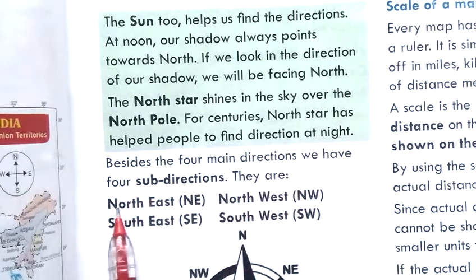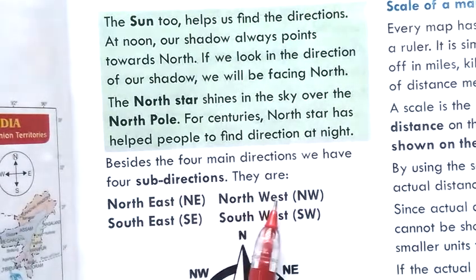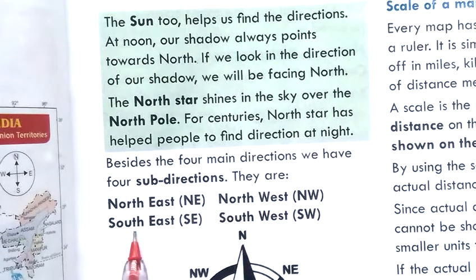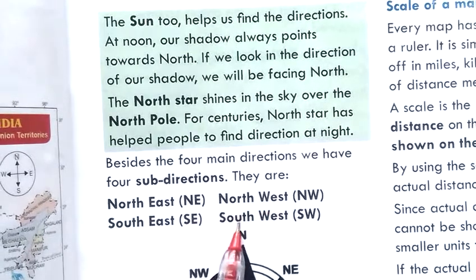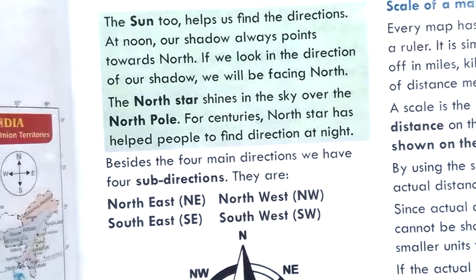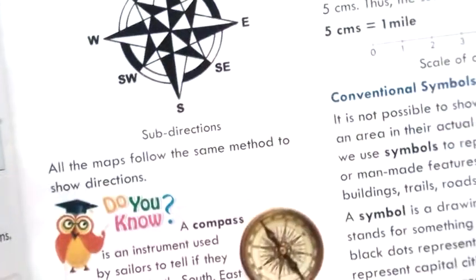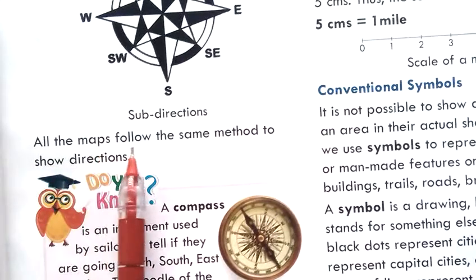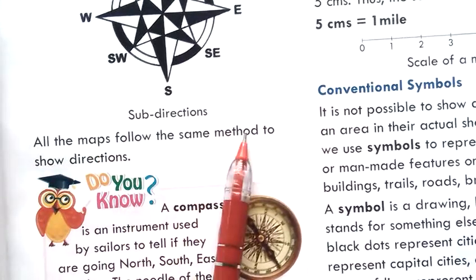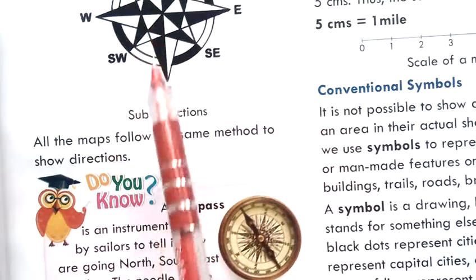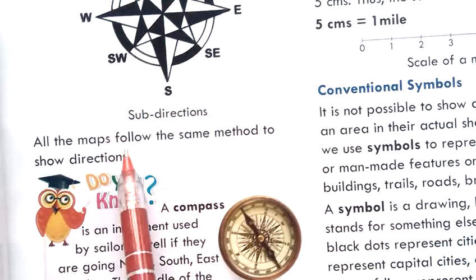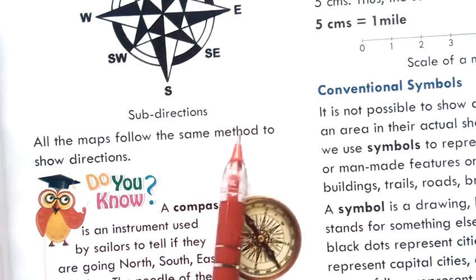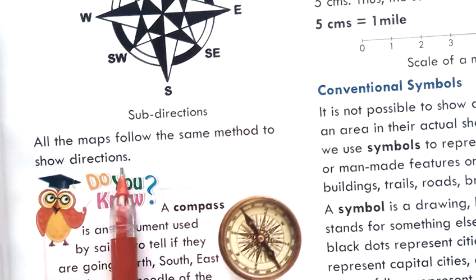They are northeast, northwest, southeast, southwest. All the maps follow the same method to show direction.